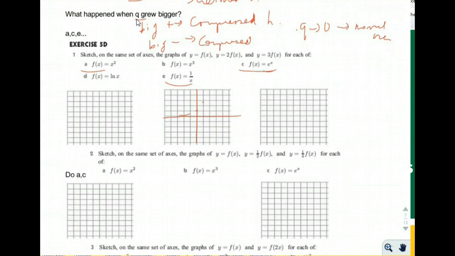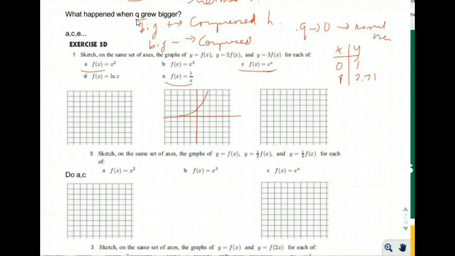Then we draw the curve. It looks kind of like that. The points we just used were 0, 1, and 1, 2.71, which is the value for e.